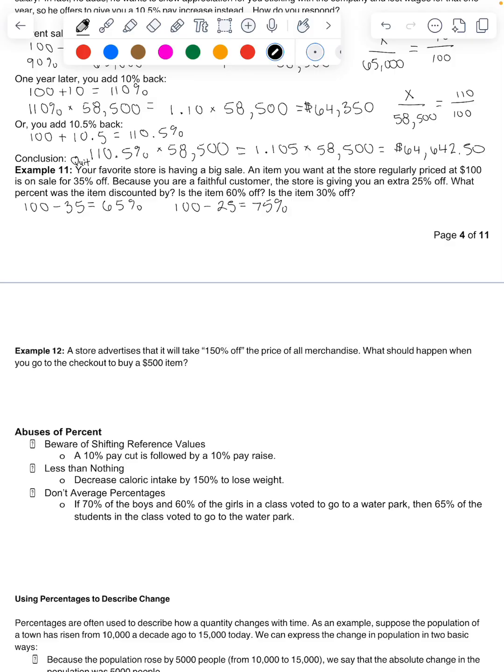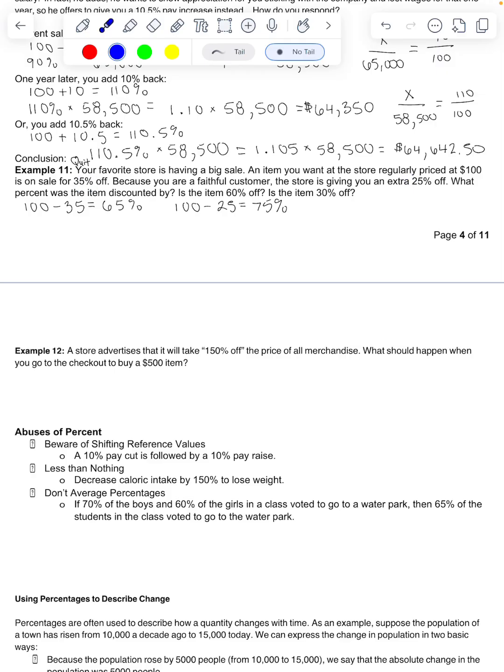So it says, what percent was the item discounted by? Is the item 60% off? Is the item 30% off? 60% would have just come from if you had added the two numbers. That is incorrect. 30% would be the average of the two numbers.